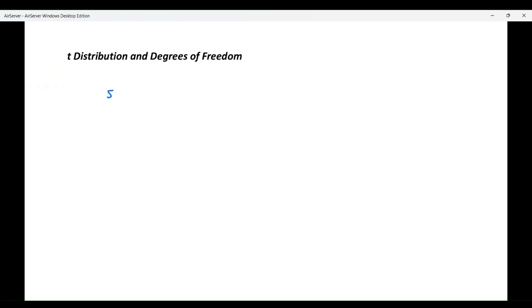So think about standard error. Standard error is the population standard deviation divided by the square root of n. Again, this is knowing the population's standard deviation.